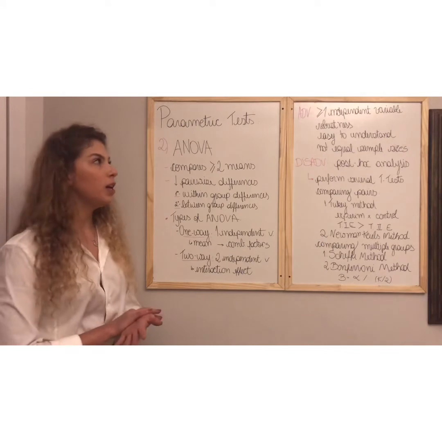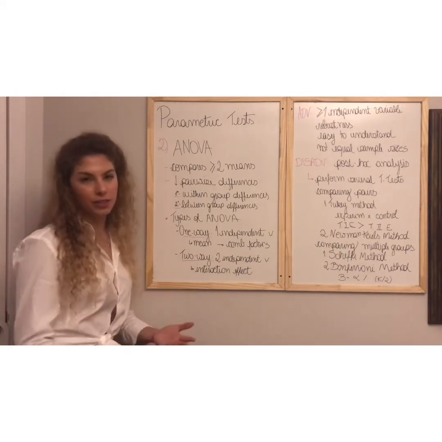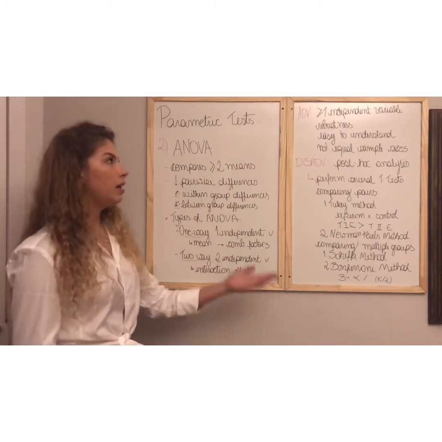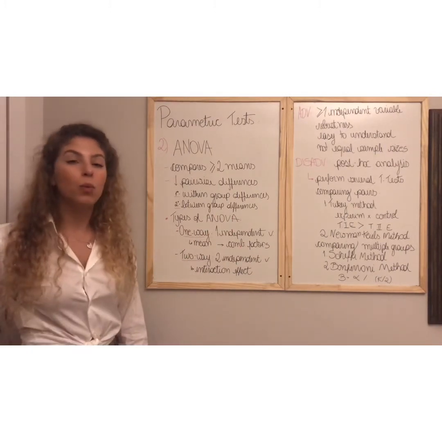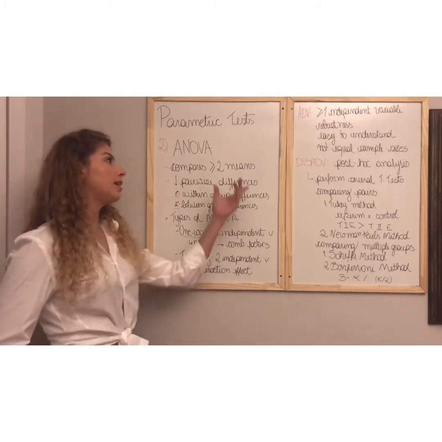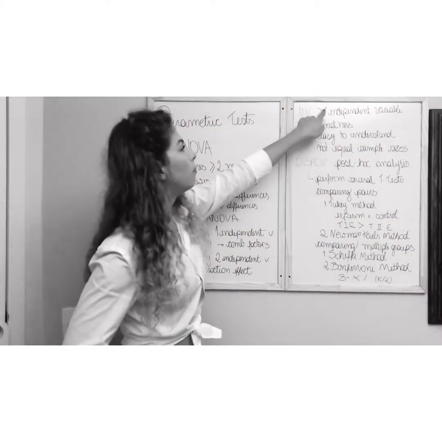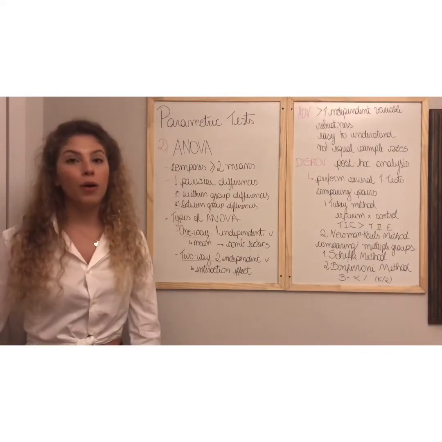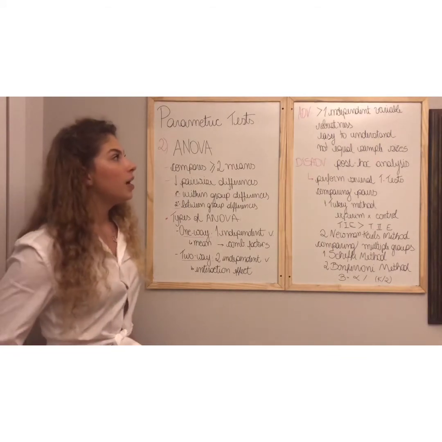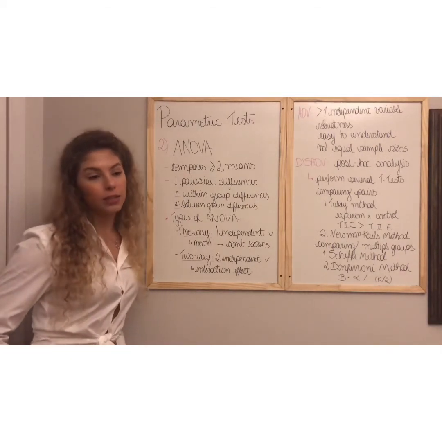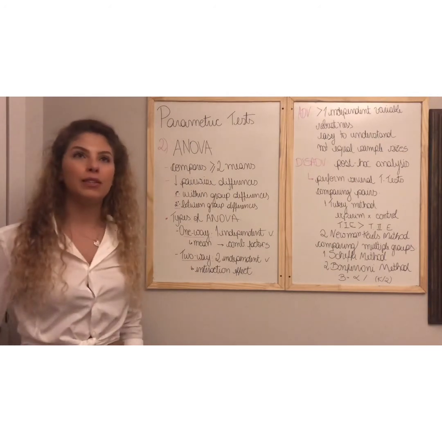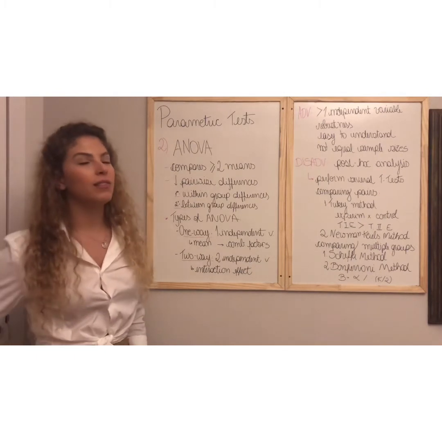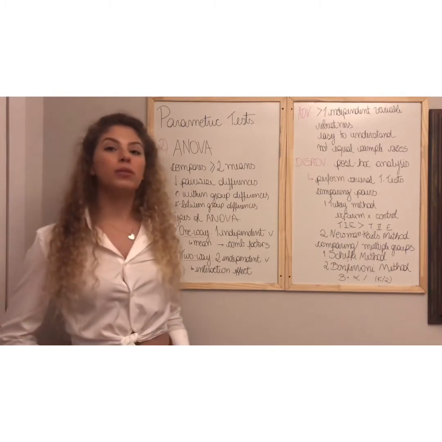Okay, well, so what are the advantages of running an ANOVA? Well, as I said, it can analyze more than one independent variable, and it can analyze more than two groups, okay? It is a pretty robust test, so it is robust enough to tolerate some small violations in normal distributions.